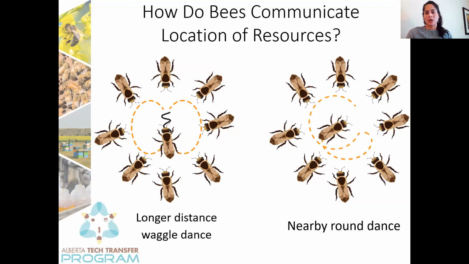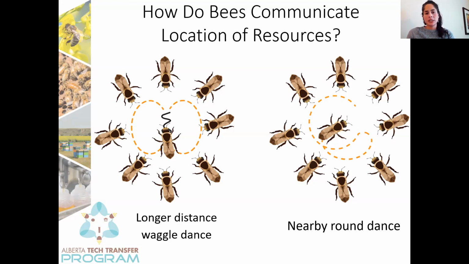But bees do not communicate distance like us. It's not like they're saying, hey, that nice canola field is 3 kilometers from here, if you go northeast. No, it's not like that. Bees basically communicate the distance as how much energy you will need to get to that patch and come back.